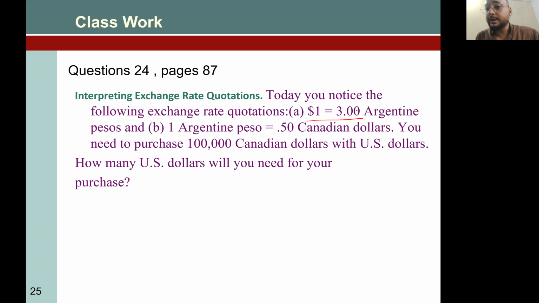If we want to convert it into a ratio, this is 3 Argentinian pesos over $1. And 1 Argentinian peso is equal to 0.5 Canadian dollar, which is 0.50 Canadian dollar divided by 1 Argentinian peso.